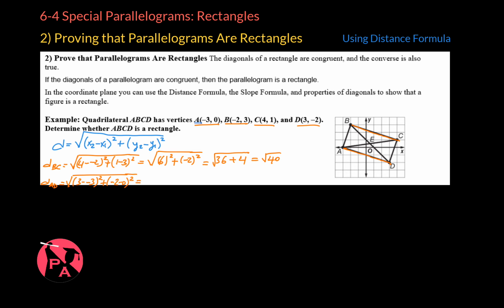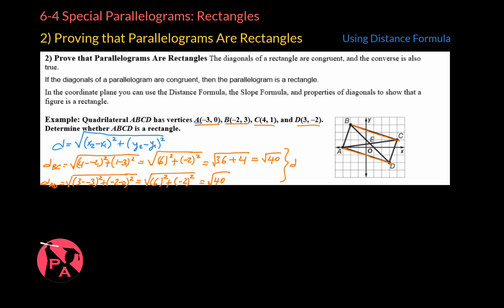The first one becomes 3 plus 3, or we can say it becomes 6. The second one, negative 2 minus 0 is still negative 2. We are going to square that number. As you see, these two numbers and these two are the same. So the answer must be the same, which is 36 plus 4 equals radical 40. Now we are done with these two sides. They are congruent.